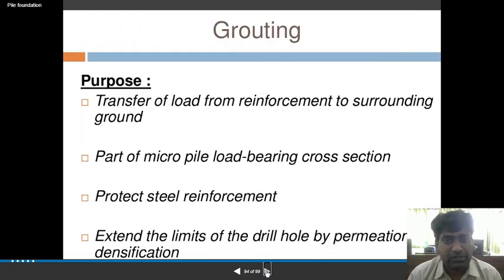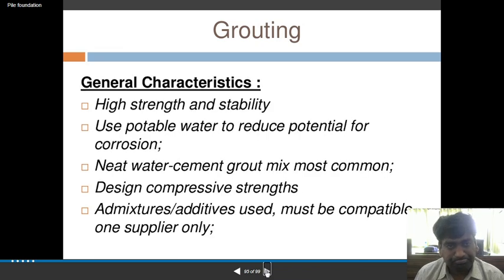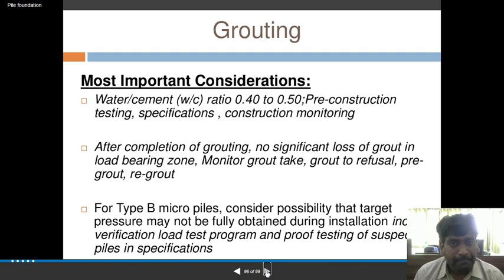Grouting purpose: transferring the load from reinforcement to the surrounding part of micropiles, pile load bearing cross section, protect steel reinforcement, extend the limits of the drill hole by permeation. General characteristics: high strength and stability, use of potable water to reduce potential of corrosion, neat water content grout mixture. Most important consideration: water cement ratio should be 0.40 to 0.50.